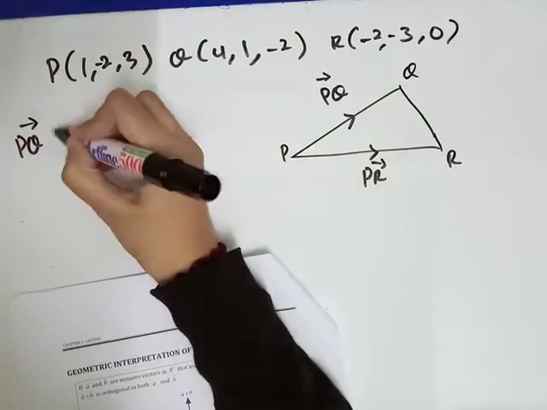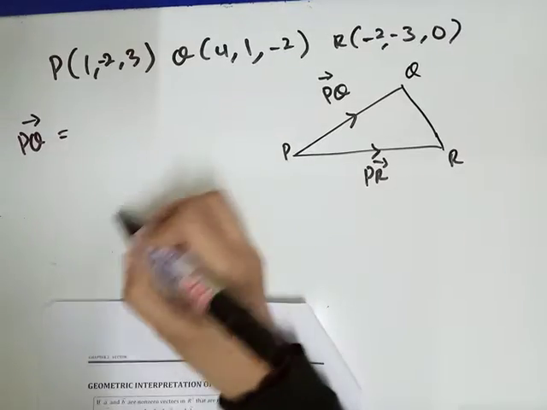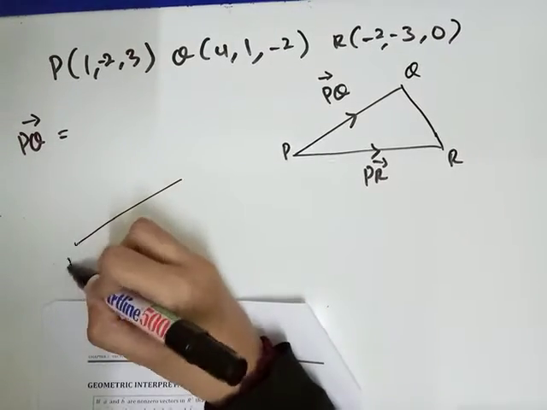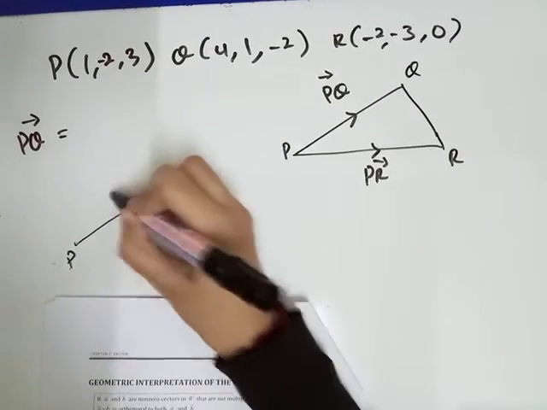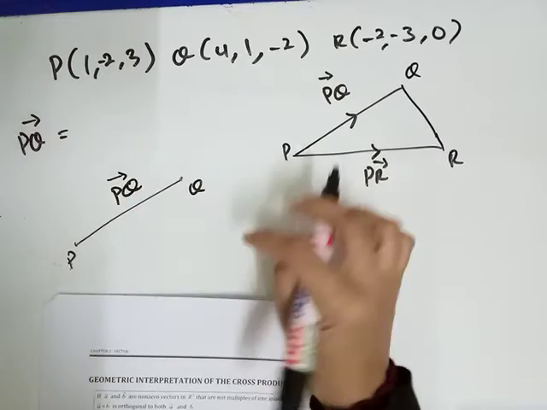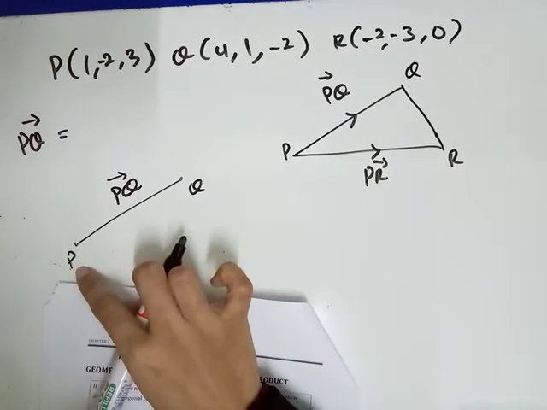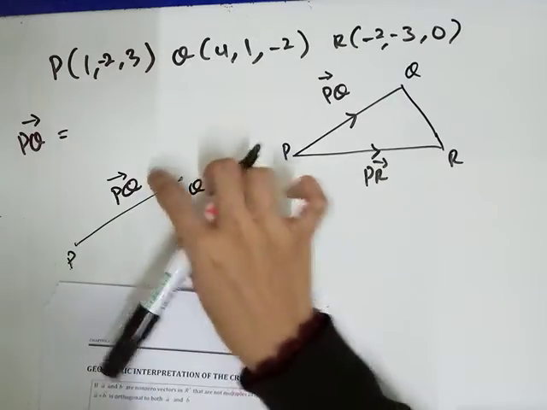So for PQ, as I taught before, from point P to point Q, we want to find vector PQ. That means point Q minus point P. We have to find the distance to get the vector PQ.